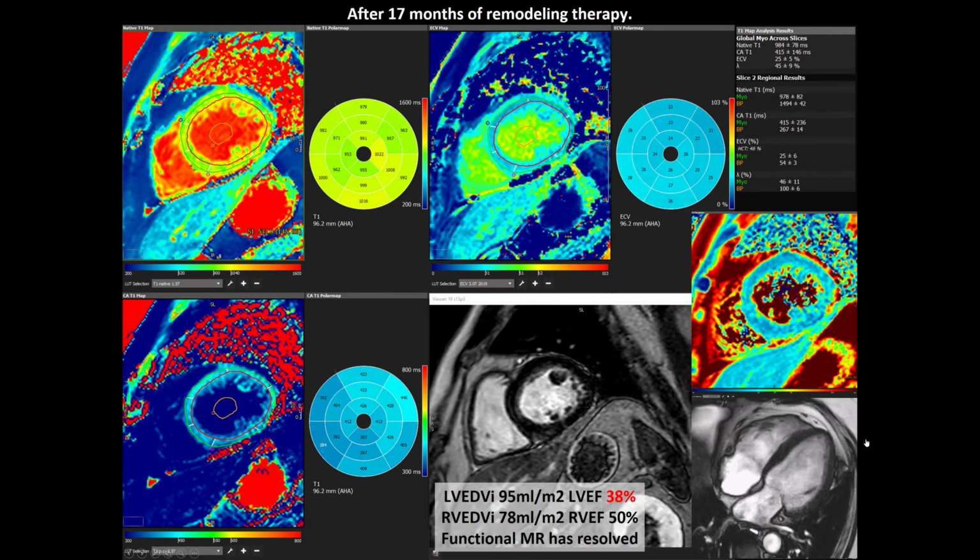We can see that on the follow-up study, after 17 months of remodeling therapy, their biventricular size has returned to normal, RV ejection fraction is normal, their left ventricular ejection fraction is now 38%, and the functional MR has resolved. Importantly, on the tissue maps, we can see that these have all normalized as well.